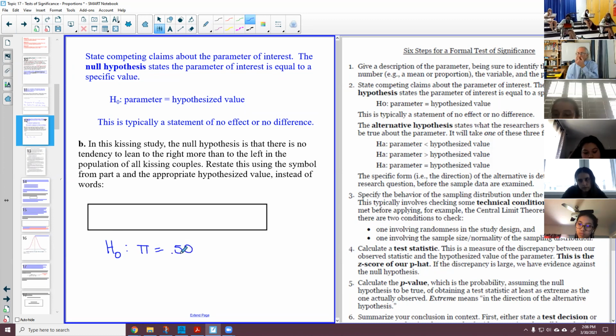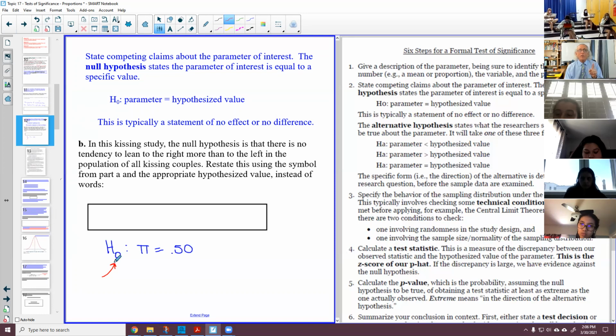This was our original assumption. We were originally saying, my hypothesis is that it makes no difference, that half the people are going to turn to the right, half the people are going to turn to the left. That is my null hypothesis. Does that make sense? Okay, now we call it the null hypothesis. I used to think we called it the null hypothesis because it's H sub 0, and 0 is frequently referred to as null, like nothing there, right?